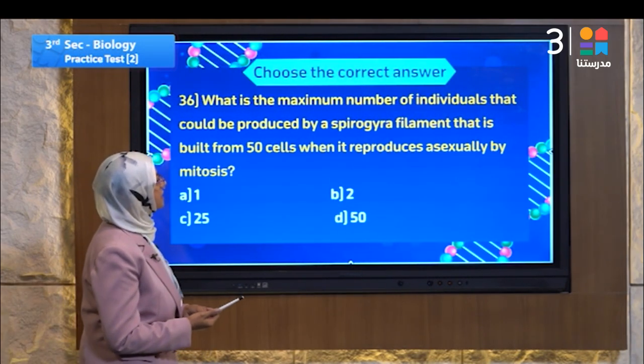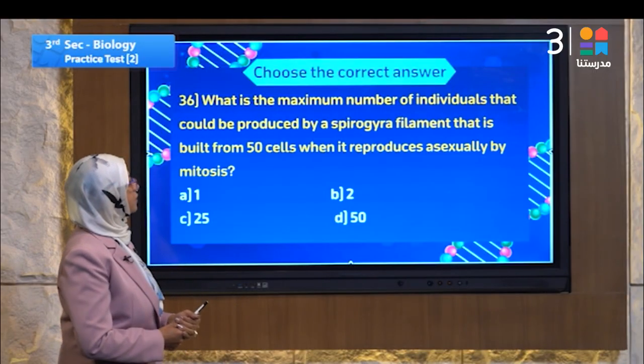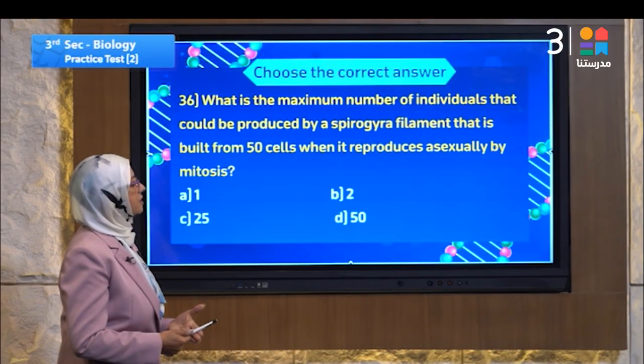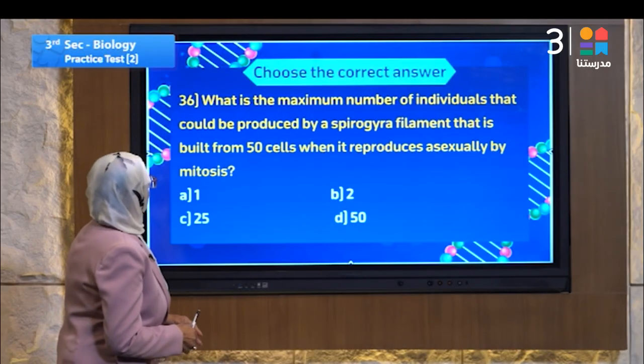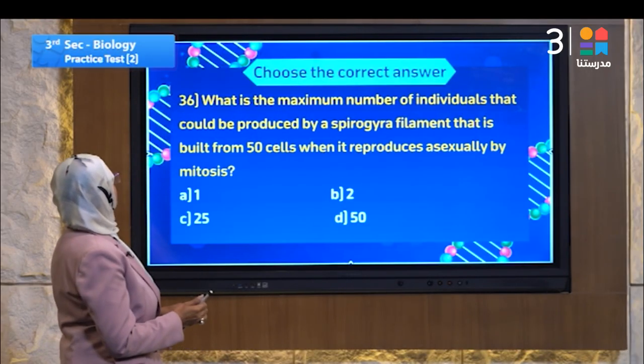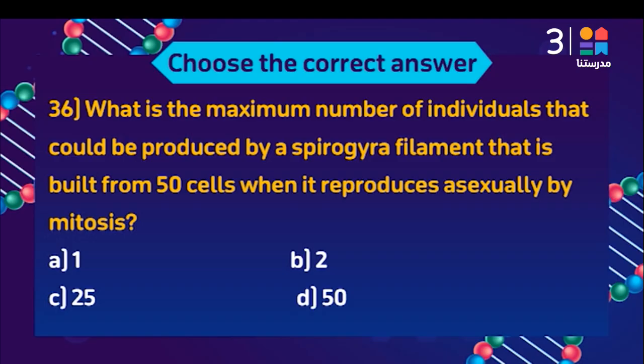Question number 36 speaks about the individuals produced by spirogyra. Let's read the question and know what it needs. What is the maximum number of individuals that could be produced by a spirogyra filament that is built from 50 cells when it reproduces asexually by mitosis?